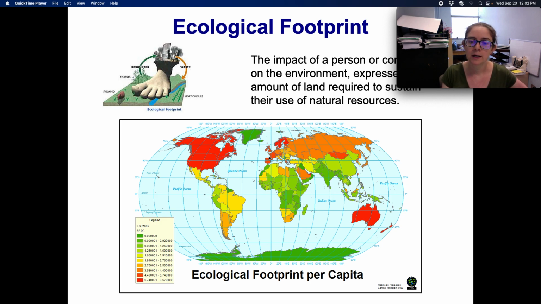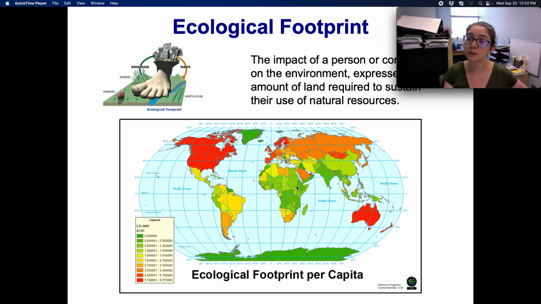Places that are more intermediate include most of South America, a good bit of Russia, and then some other countries scattered here and there, including Japan. And then the countries that have the lowest ecological footprint tend to be these ones where population is growing.